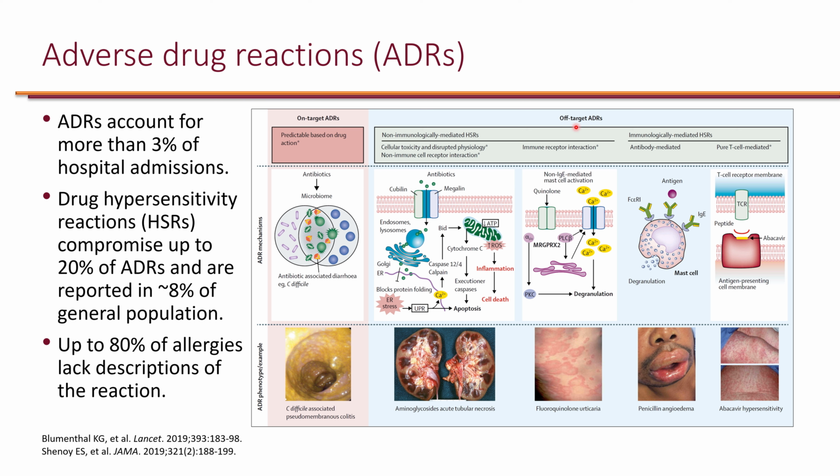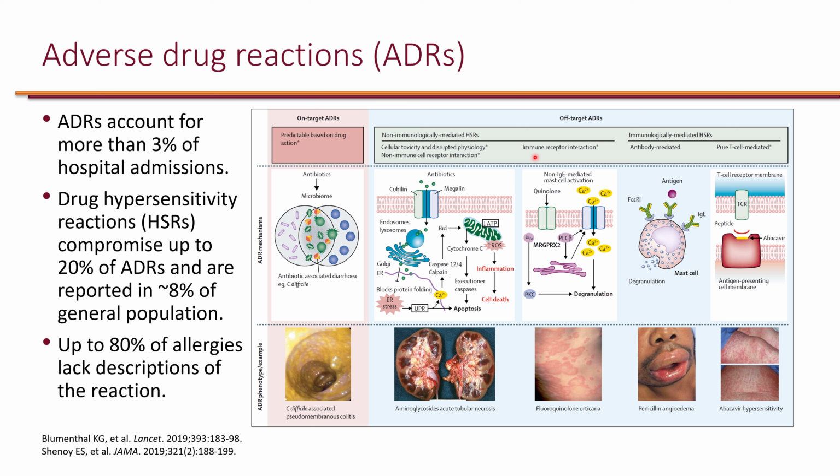When it comes to off-target adverse drug reactions, it is useful to think of them as non-immunologically mediated and immunologically mediated. Essentially, we need to know if the immune system is involved or not involved. Now, when the immune system is not involved, we can think of whether the actual immune cells are involved or not, because some drugs can interact with the receptors on some of the cells, even though the immune system is not activated.